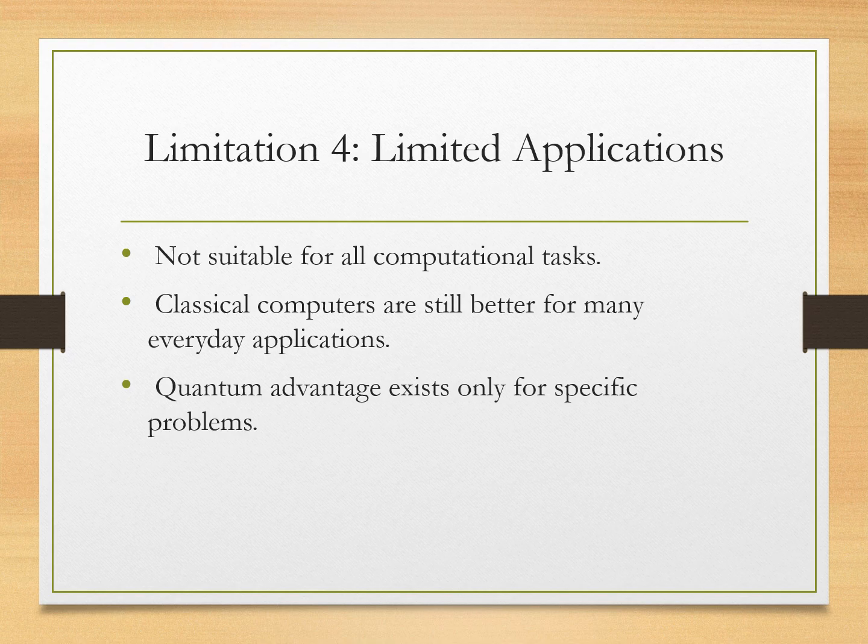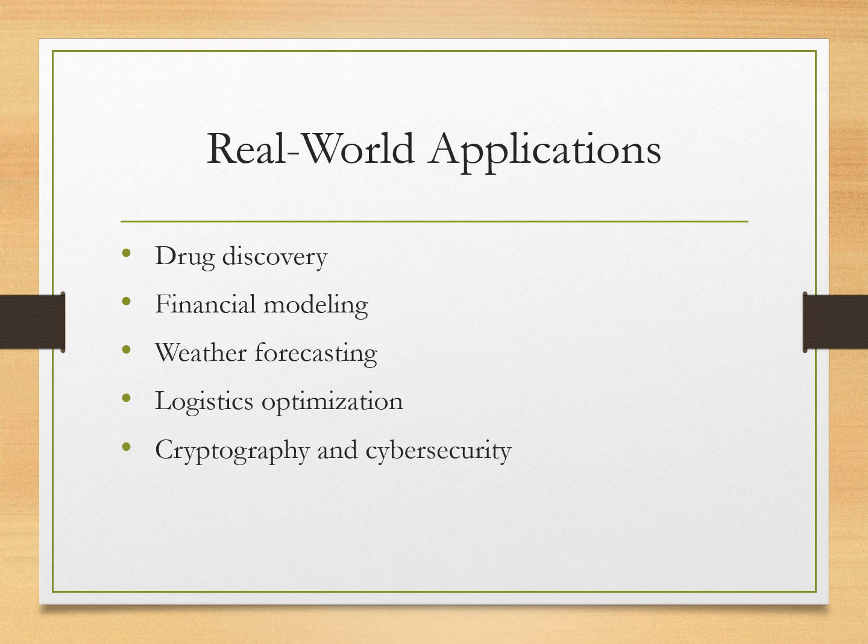Mainly, the quantum advantage comes in drug discovery, as we discussed in most of the examples. So here come the real-world examples: drug discovery, financial modeling, weather forecasting, logistics optimization, cryptography, and cybersecurity.